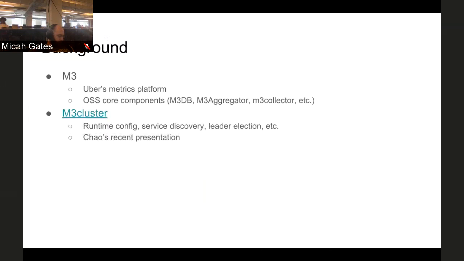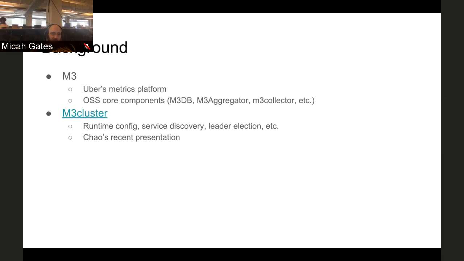So to give you a bit of background, I'm not going to go over this too much since Chow gave an overview of this a few weeks ago, but M3 is Uber's metrics platform, and at this point, most of the core components are open source. That includes our distributed time series database, our fault-tolerant aggregation tier, the local collector agent, and so forth. The common thing that ties these together and is our mechanism for runtime configuration, service discovery, leader election, all of that is this library M3 cluster.